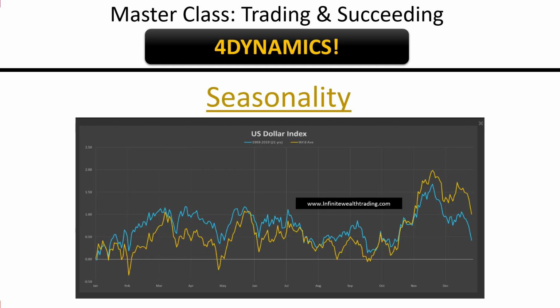So seasonality, here we go. This is a chart of the US dollar index. Don't get too concerned about what the dollar index is. For some of you more seasoned traders that are watching, I'm sure you'll get the gist of it, but for people that are new to it, don't get concerned.